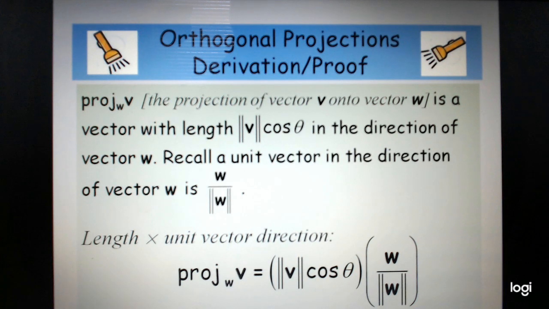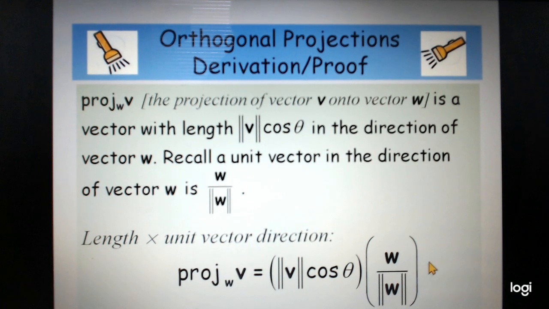Now, it's good, but it could be more useful. And the way we make it more useful is we want to convert it to a dot product. If you think of the definition of a dot product, this is almost it, right? If we wanted to get v dot w, what we're missing here is the magnitude of w, because v dot w is the magnitude of v times the magnitude of w times cosine theta.